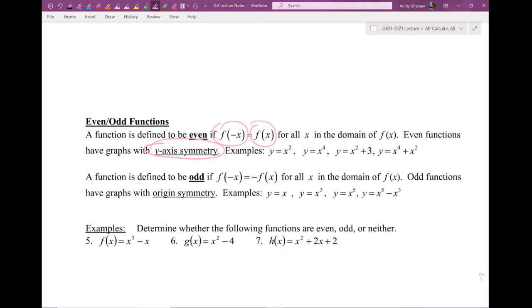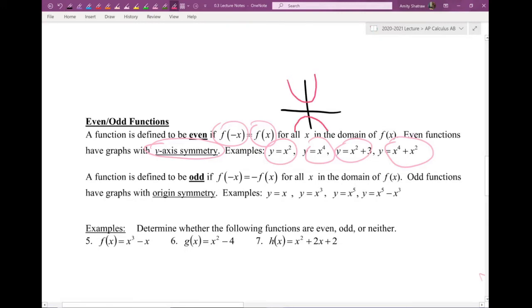And what you'll notice is that something is going on with all of these equations' exponents. They're even. Let me draw a picture of it one more time. Parabolas are even. They have y-axis symmetry. There's a happy parabola. There's a sad parabola.